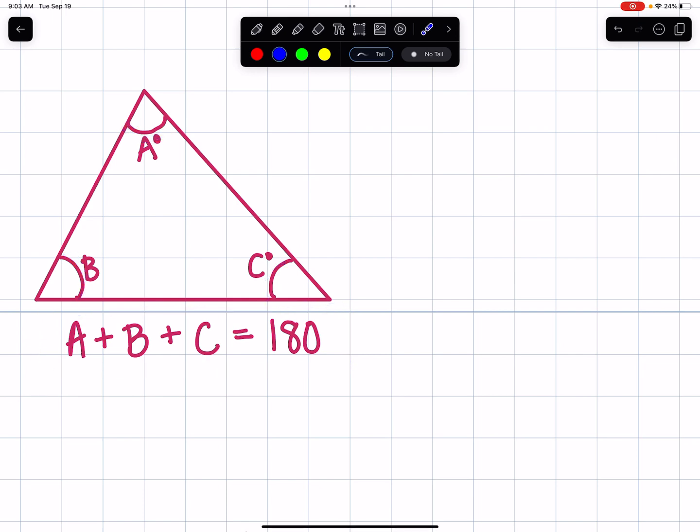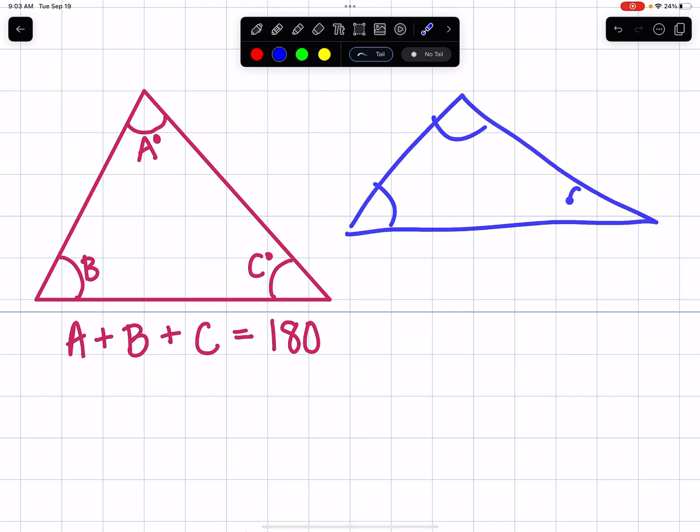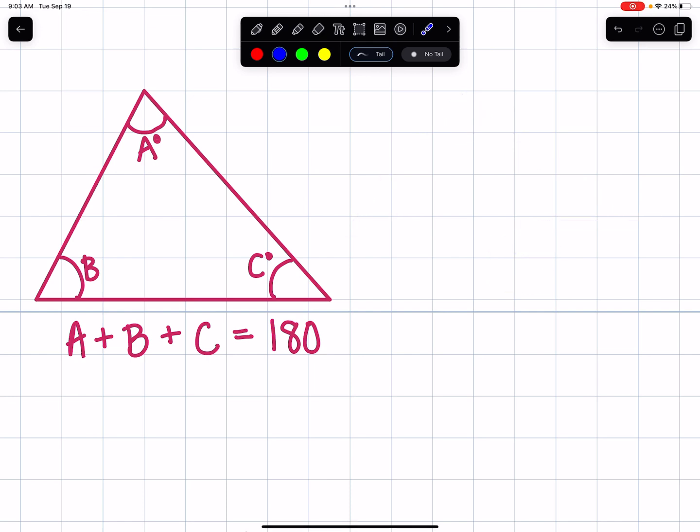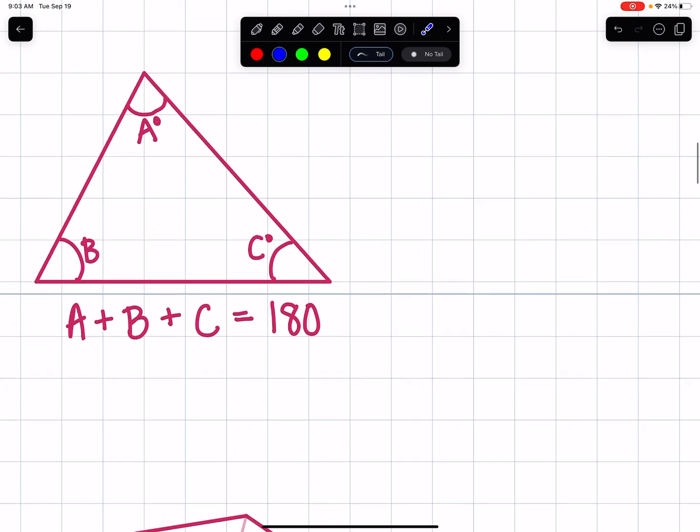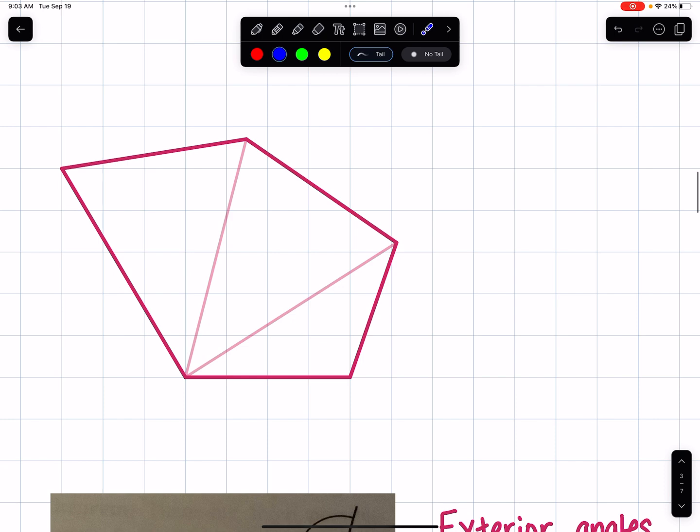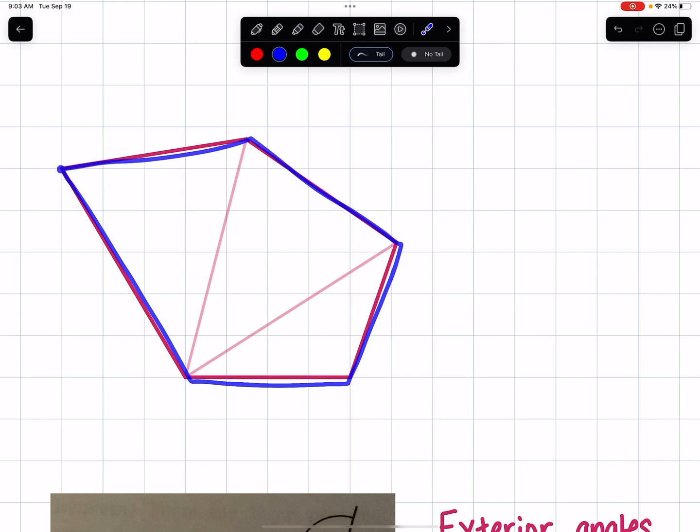It can be obtuse, any triangle. If you add up all the angles, they always add up to 180 degrees. Turns out you can also find the sum of the interior angles of any polygon like this. So ignore these lines on the inside and just look at this polygon. Can you add up the interior angles there?